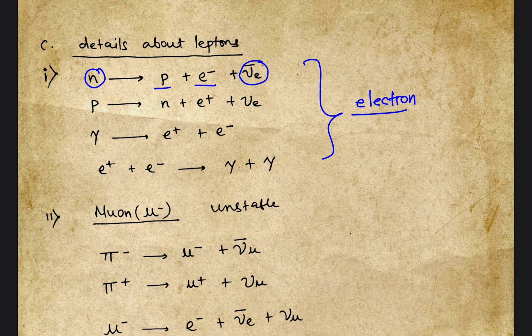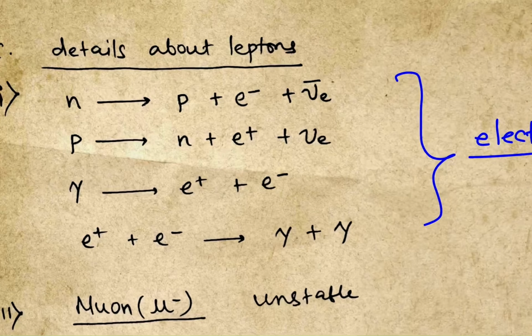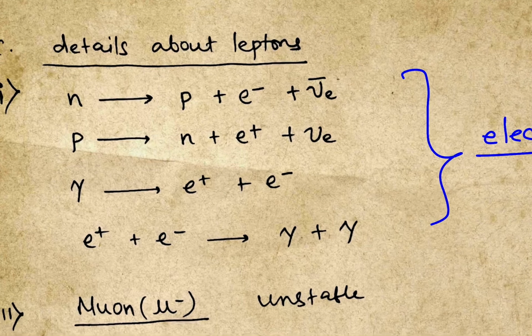You will find a kind of pattern there, so it is not hard to remember. Neutrons are neutral, so they have charge 0, but protons have charge 1. To balance it out, we can't have e plus, we will have e minus only.